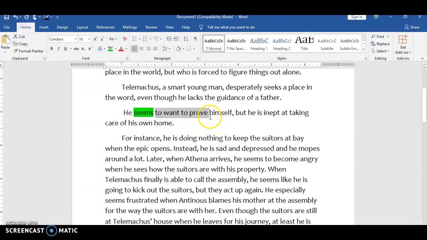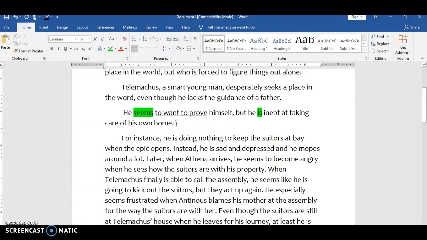So I'm going to mark that. I'll underline that so that I can see that I want to change that. We got another one over here because I've got a compound sentence. You see the fanboy right there, but the word is here is tying the pronoun he to the adjective inept. So that's definitely a linking verb.